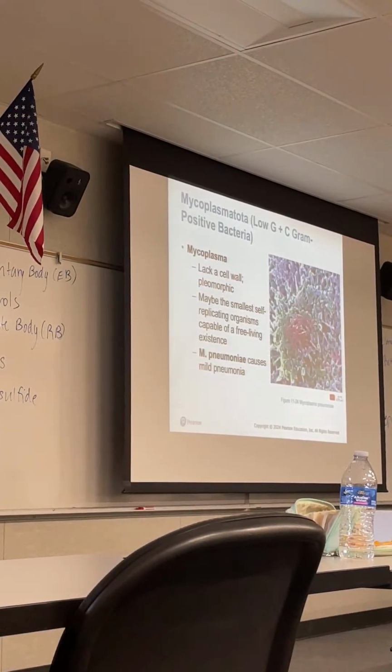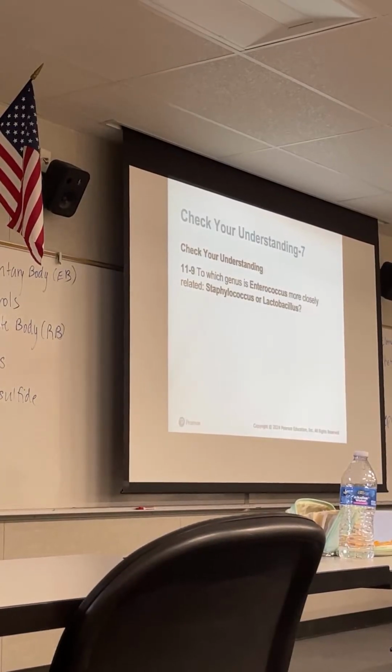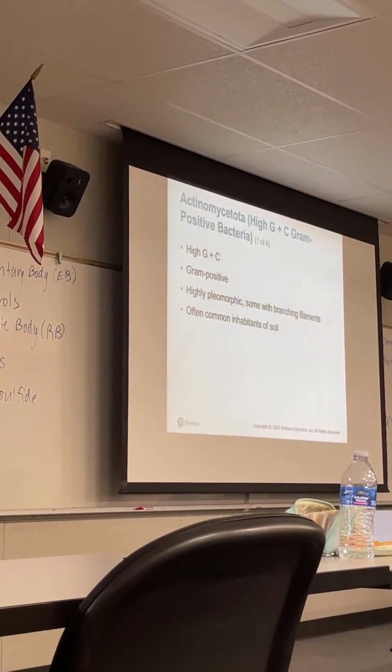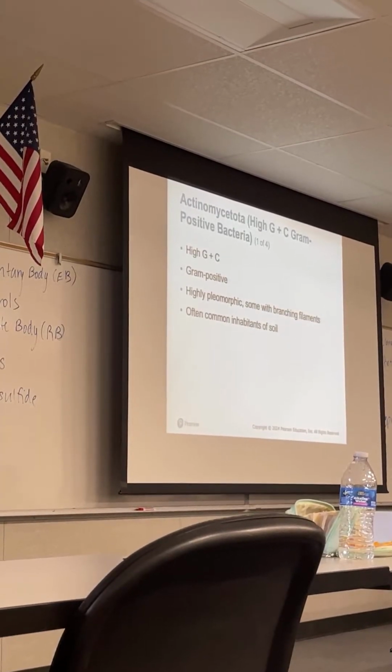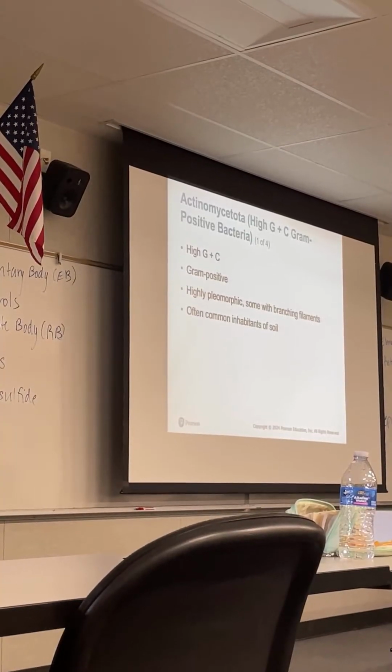All right, so we are done with the low G plus C bacteria. Now we're going to switch gears and hit the high. The reason why I'm saying it is because of the actinobacteria. The Actinomycetota, this particular clustering of microbes, are going to be high G plus C, so a ratio of 60% or higher.